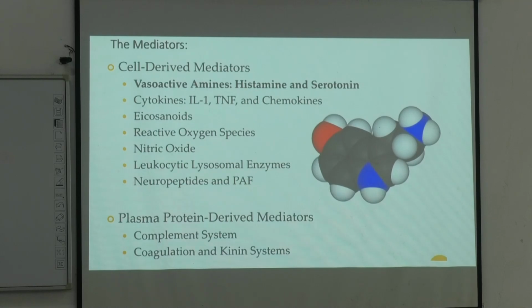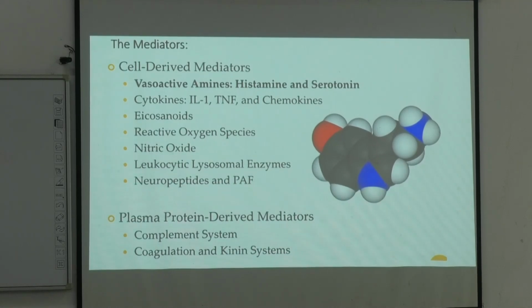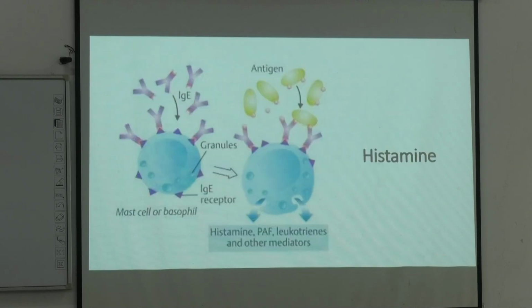So among the cell-derived mediators, the first and foremost and the earliest to be discovered are histamine and serotonin. What are their sources? Basophils and mast cells for histamine. The basophil or mast cell has IgE receptors on its surface.